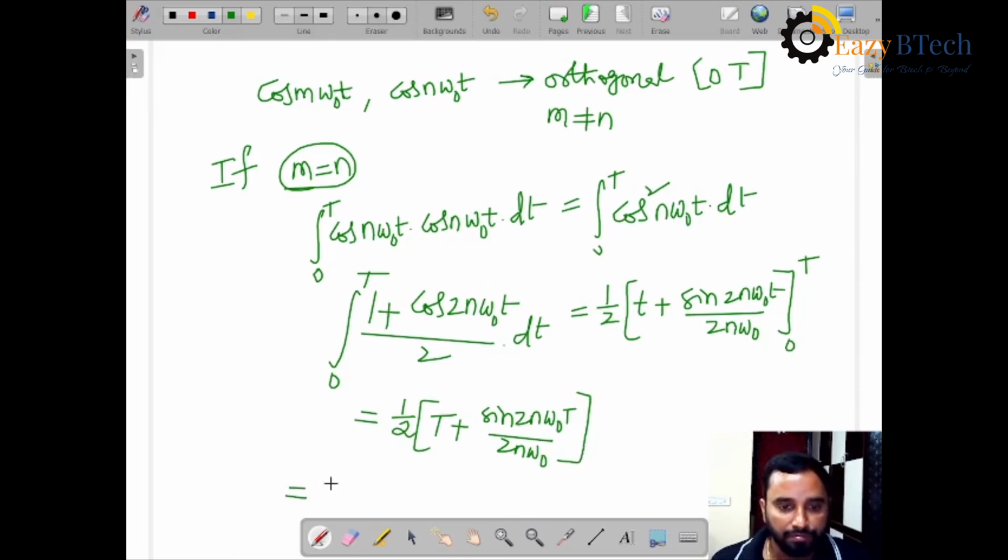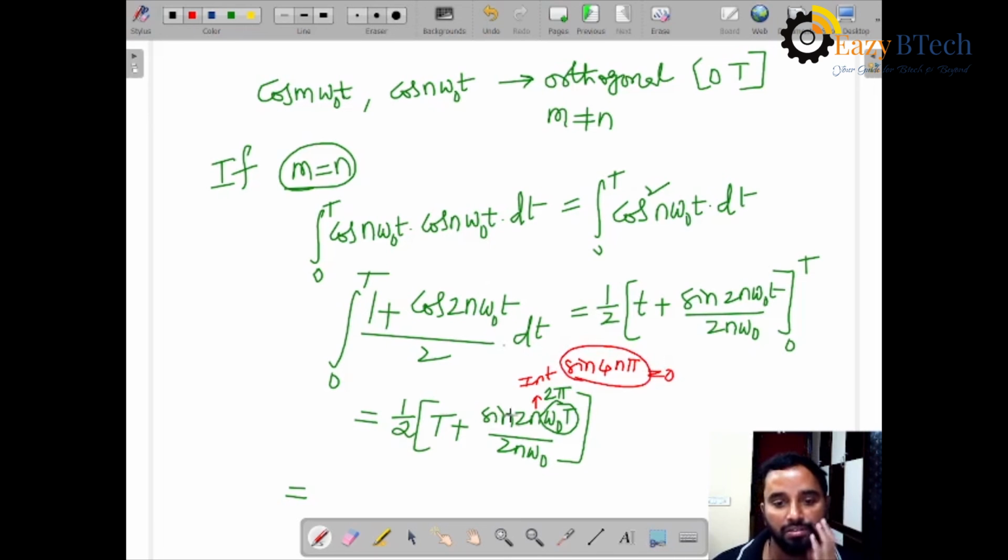Now we already know omega naught into T is equal to 2 pi, so the sin function becomes sin of 2n into 2 pi, where n is an integer, so sin 4n pi, and since n is an integer the total value is 0.